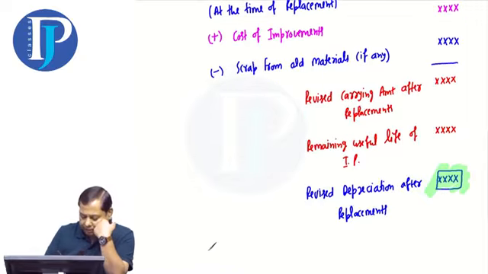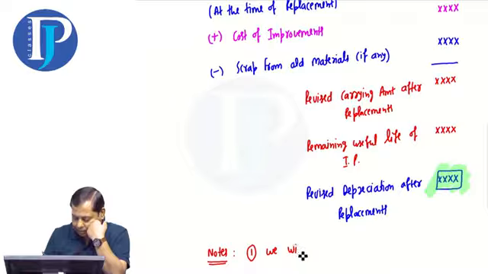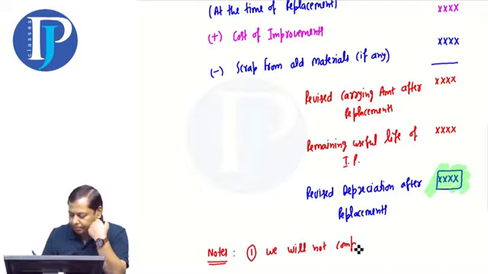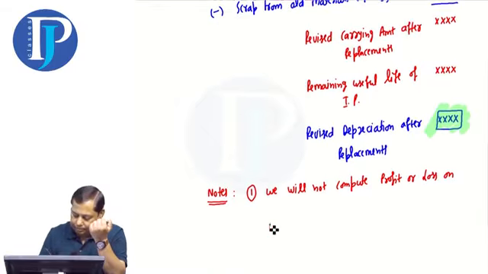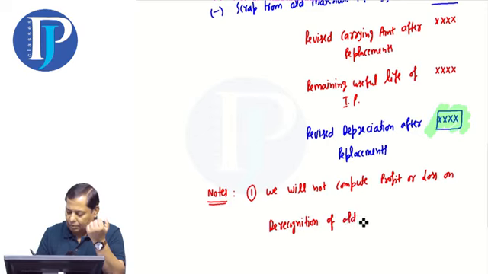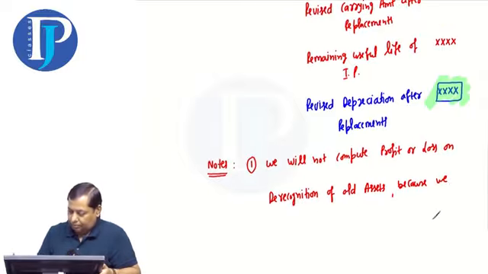This means that we will not compute profit or loss on the derecognition of the old asset, because we do not have a separate carrying amount.